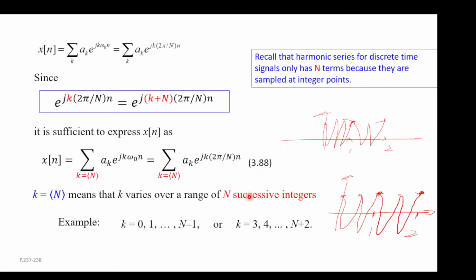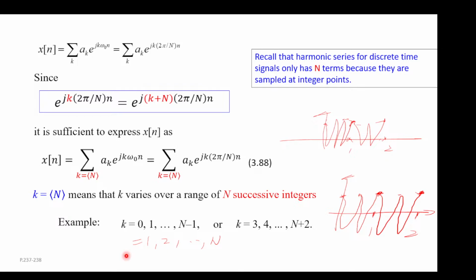There are infinite number of choices, but some you may like are k from 0 to N minus 1, or k from 1 to N, or even k from 3 to N plus 2.